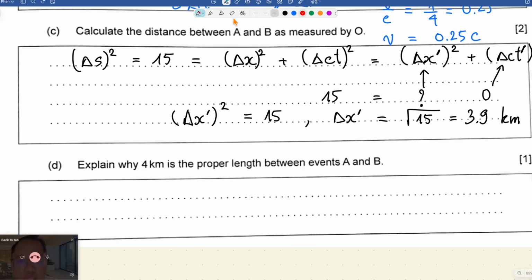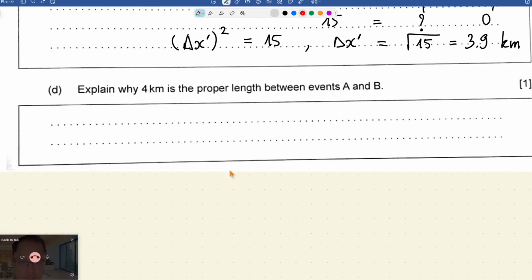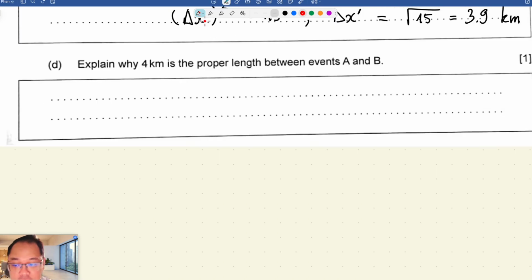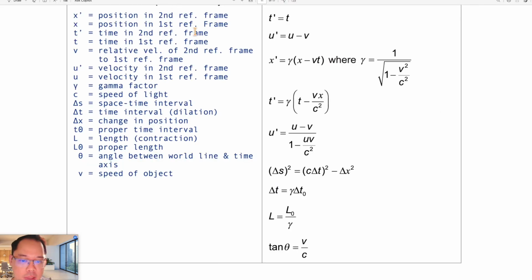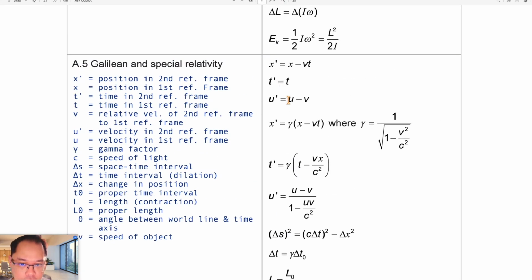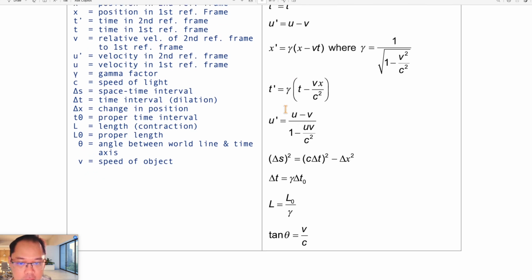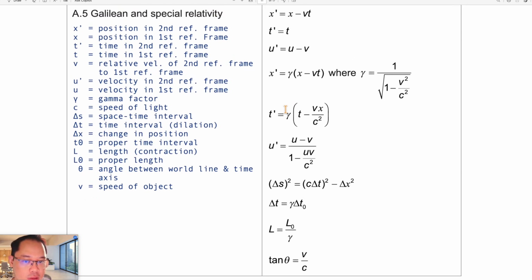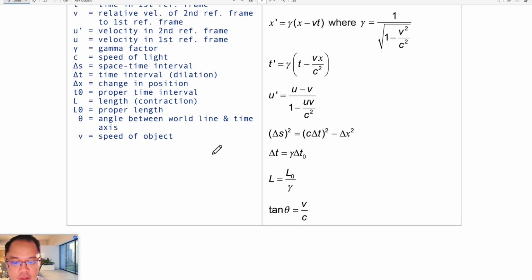For this part C, there is a second method which is simpler compared to the method using the space-time interval. That method is simply length contraction. We have the formula of length contraction, gamma, the Lorentz factor. Sorry, this one.